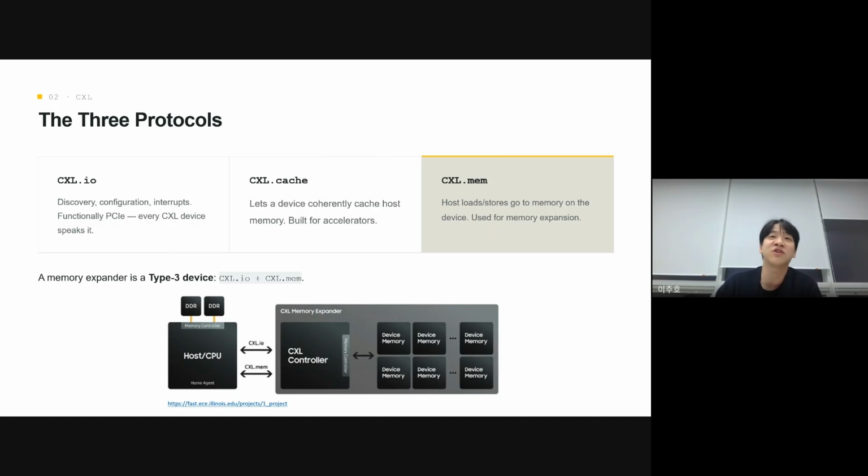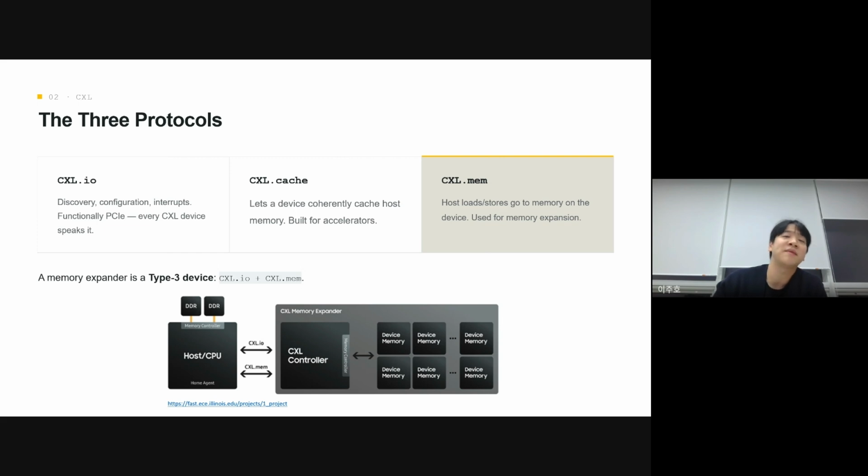And lastly, the CXL.mem protocol is the one we care about today. It allows the host's loads and stores to go directly to memory on the device. So basically, a memory expander, as we call it, is a Type 3 device, and it supports the CXL.io and CXL.mem protocols.